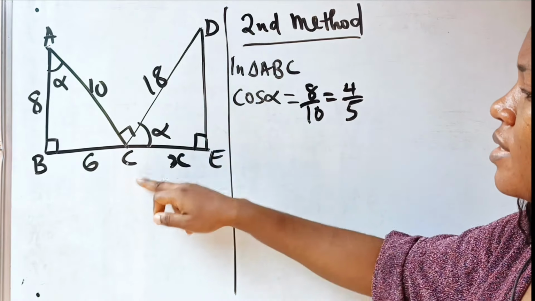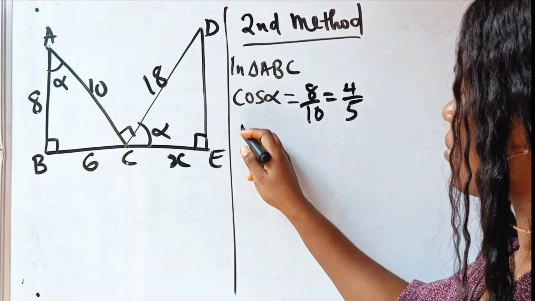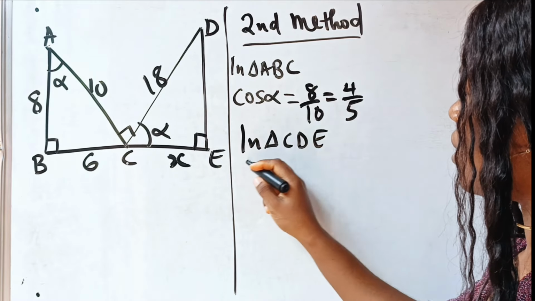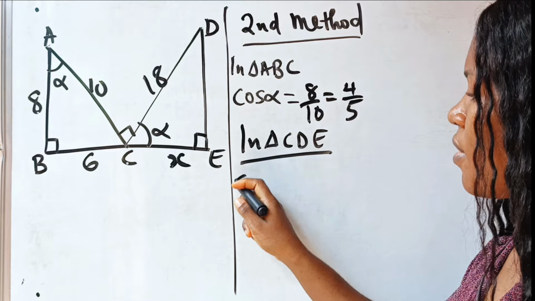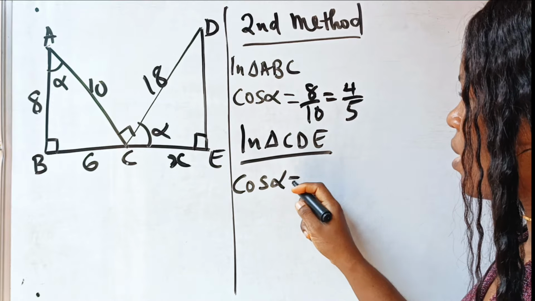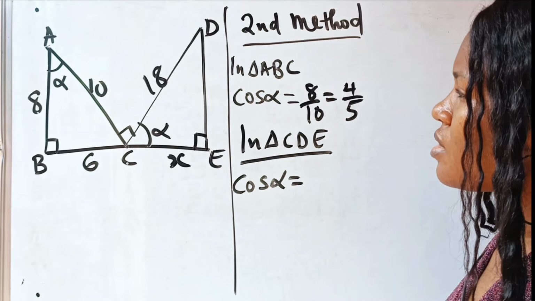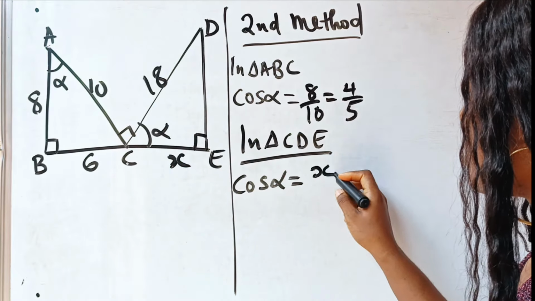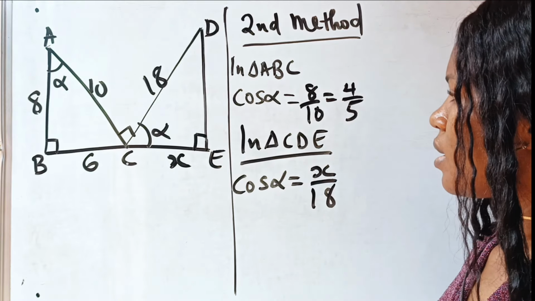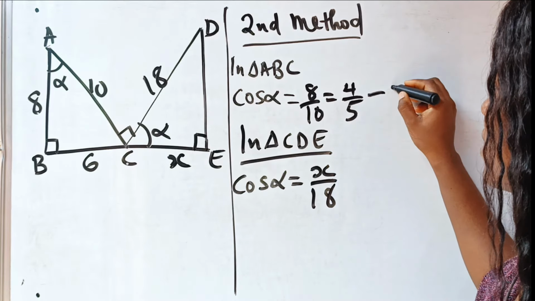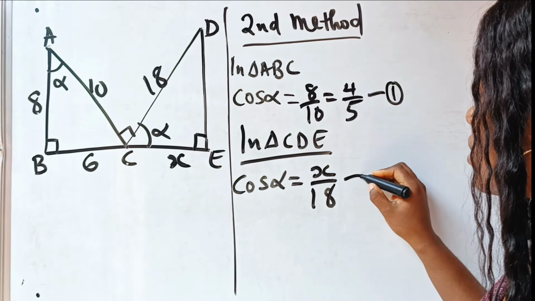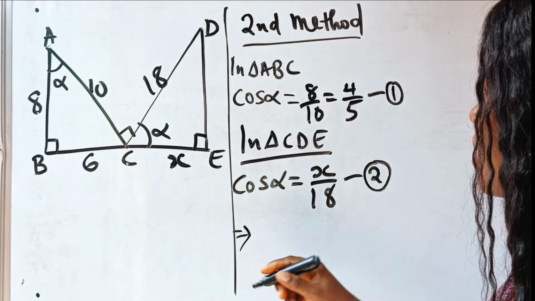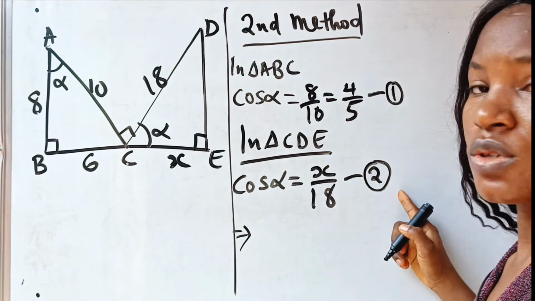Now in triangle CDE, cos alpha is equal to adjacent over hypotenuse, that is X over 18. Now, since cos alpha is this in equation 1 and is also this in equation 2, it simply means that equation 1 is equal to equation 2.